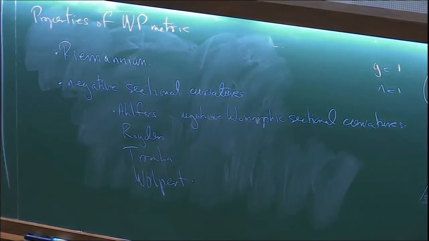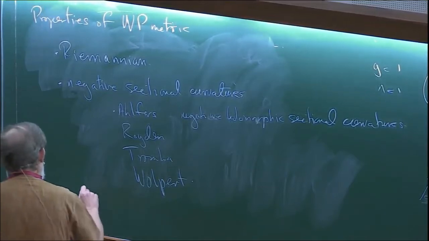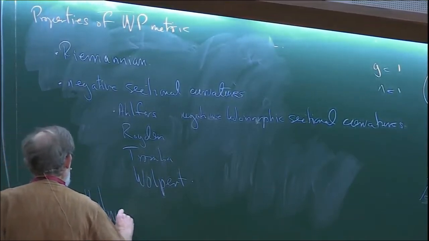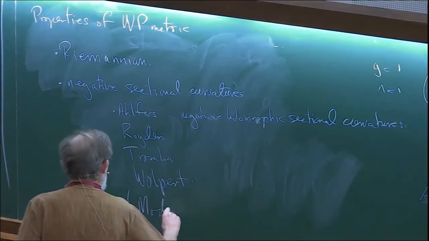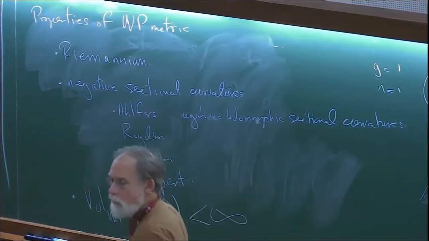So great, we've got the kind of setup that I was talking about yesterday. Variable negative curvature. Oh, and there's more good news. The Weil-Petersson volume of the moduli space is finite.